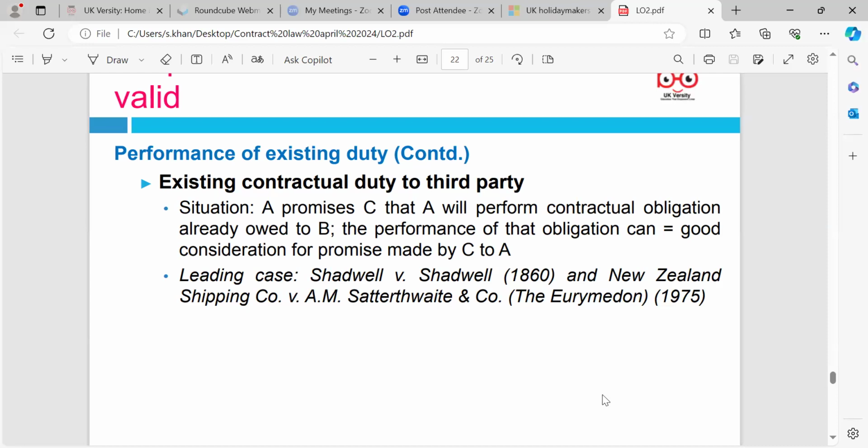Lord Justice Earle said that the performance of the marriage contract was consideration, even though the contract was made with a third party to the agreement, as the uncle's promise was an inducement to the nephew to perform his contract. He said that the plaintiff had, by getting married, made a material change in his position and had induced his wife to do the same.